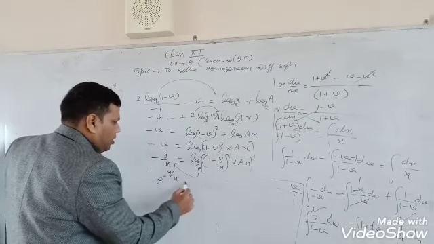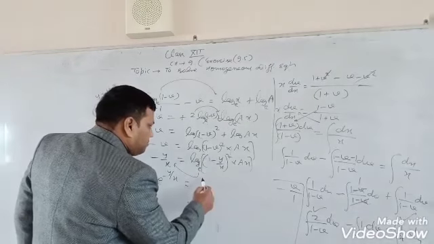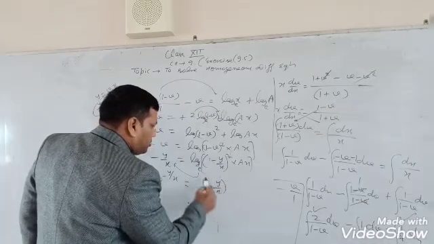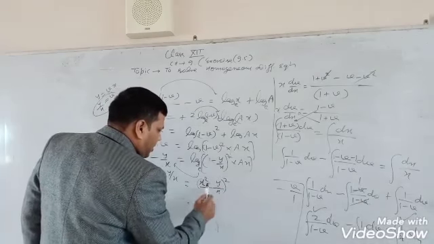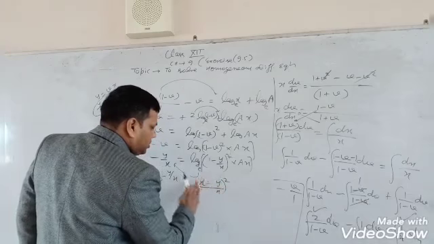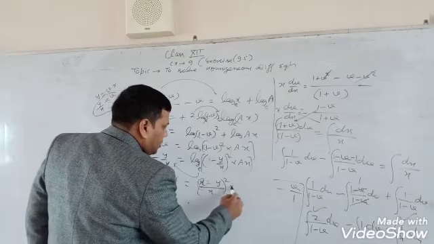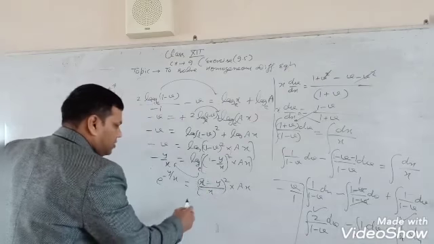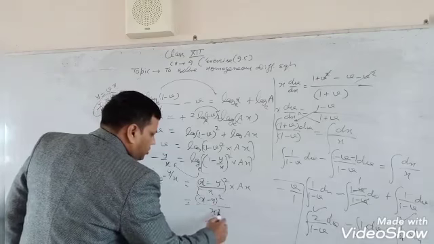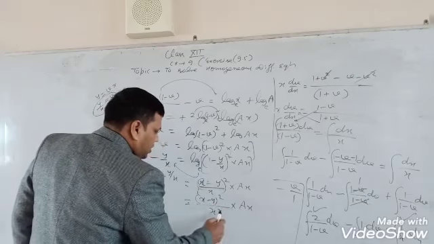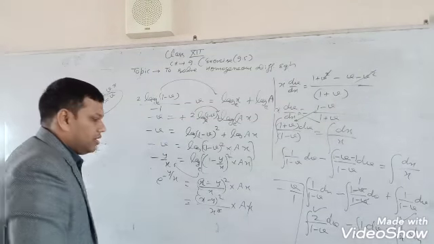This is the formula or basics of log, you know that. And this one is (1 minus y upon x) whole square, that is x squared upon... you can take this as LCM into ax. That's why (x minus y) whole square upon x squared into ax.